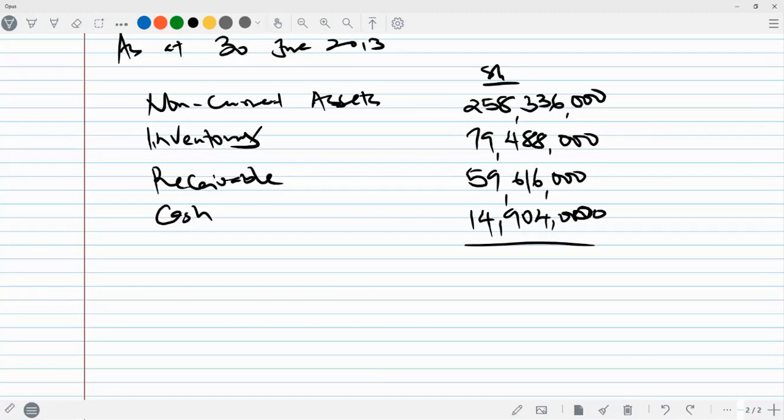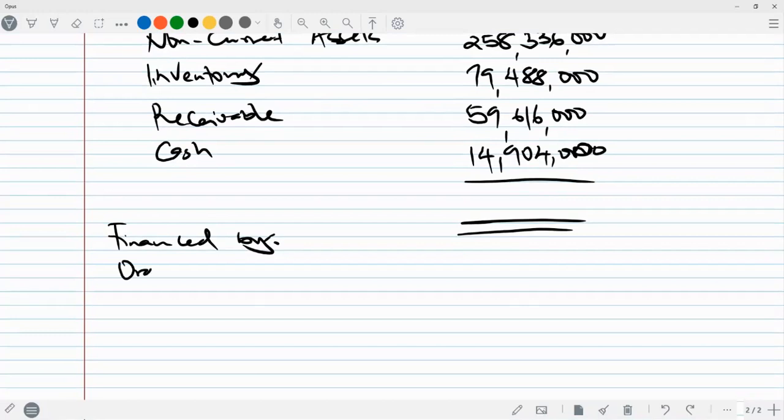Let's give the total assets of the company. Then financed by ordinary share capital, which the company has kept constant at 126 million.